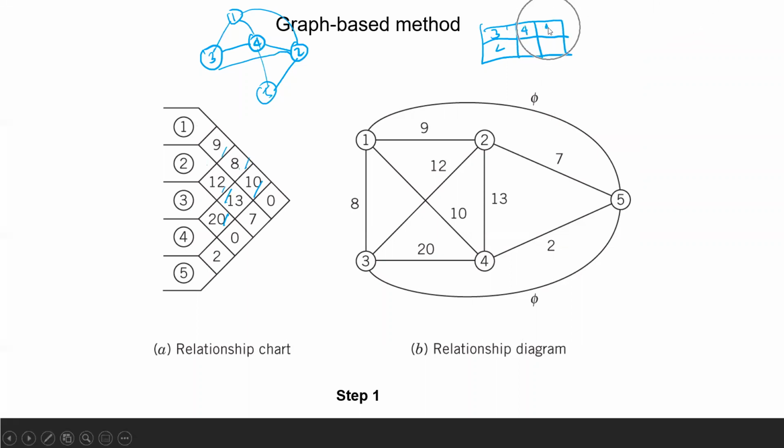Dito natin ilalagay yung 2? Try natin. Then, so dito yung 2. Again, intuition. Tapos, saan yung 5? Saan yung 1? Dito yung 1?